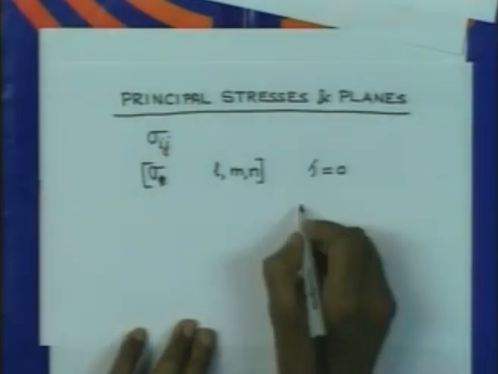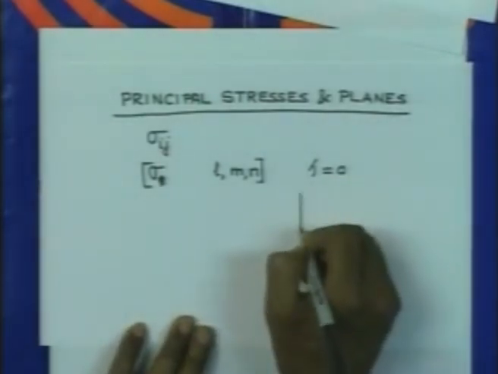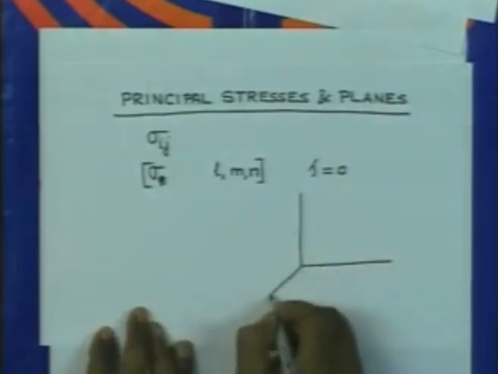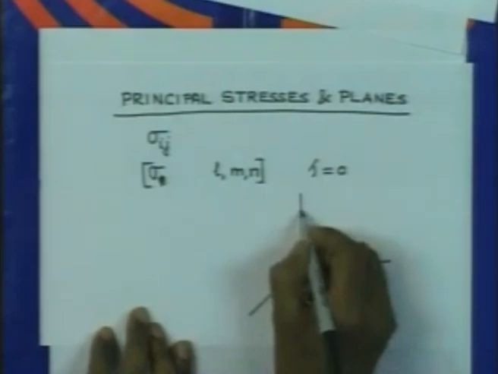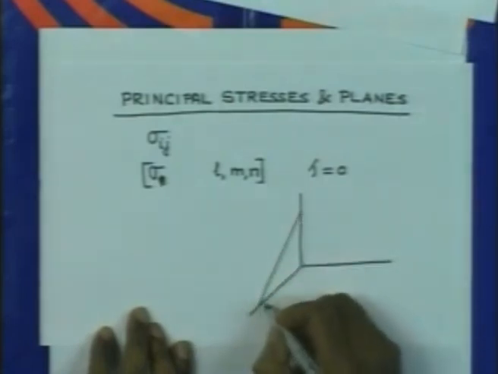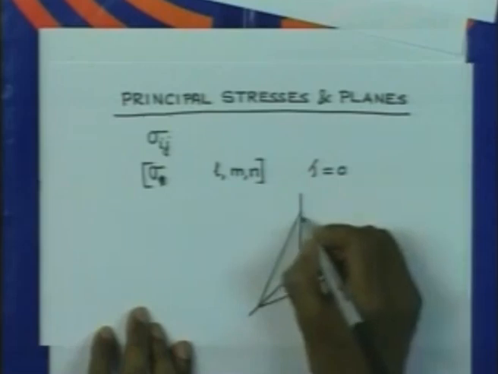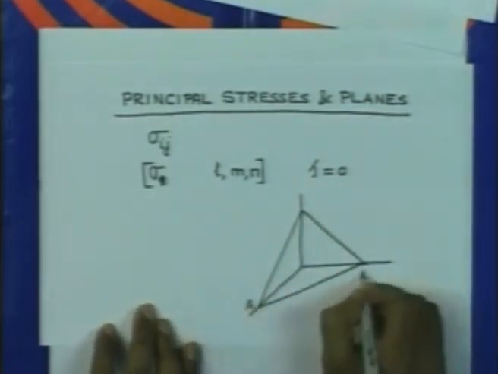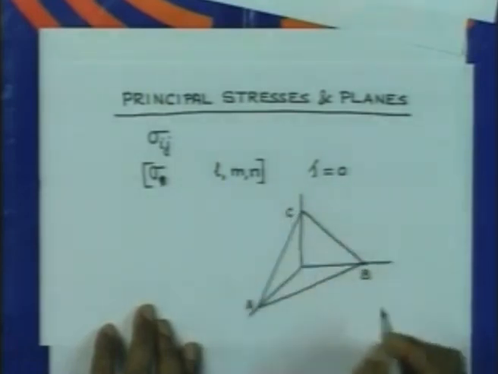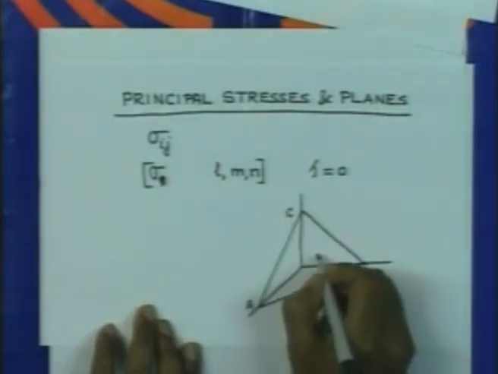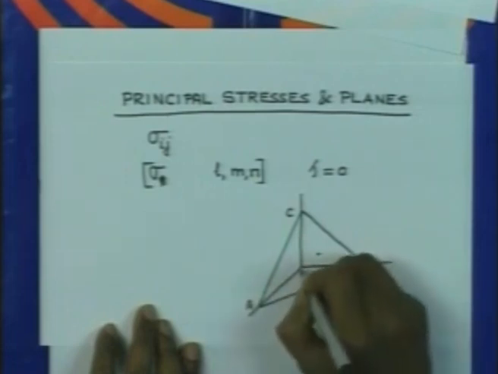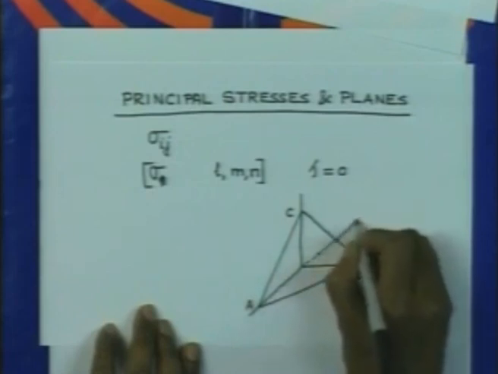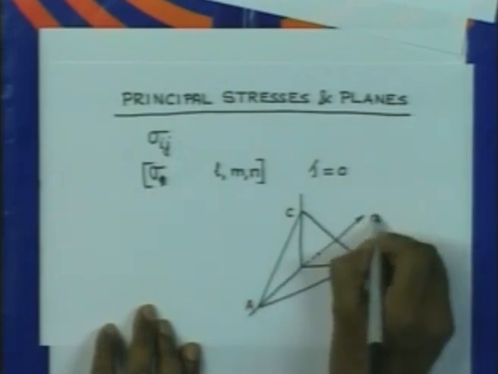Now we try to consider one plane ABC. Let us say this is the plane whose outer normal is directed like this. This is the outer normal.